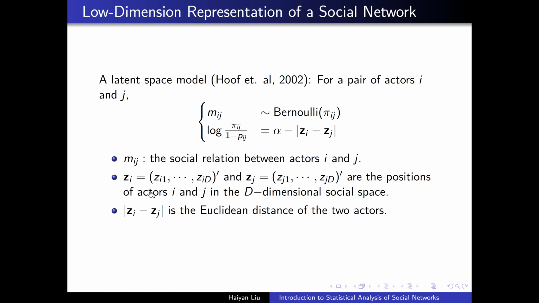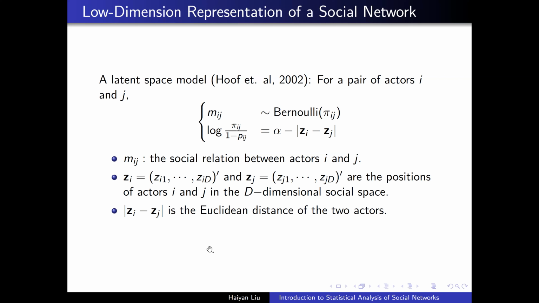By fitting the latent space model, we are able to obtain for each node, or each actor, a latent position score. Those latent position scores explain the dependence of that student with all the other students in the network.